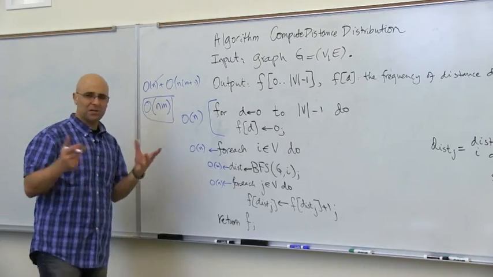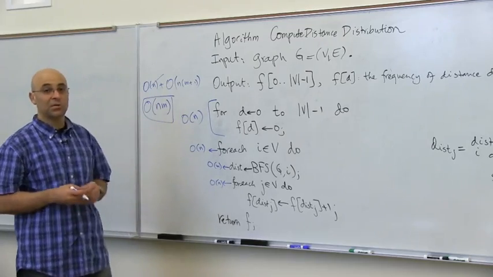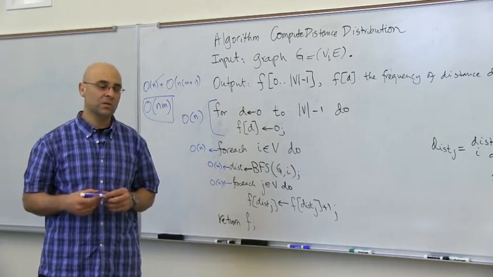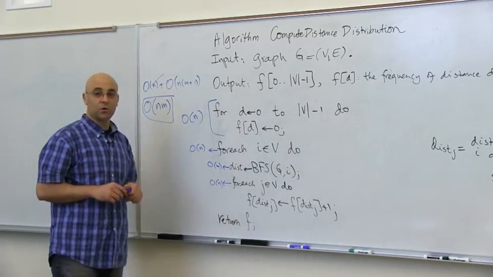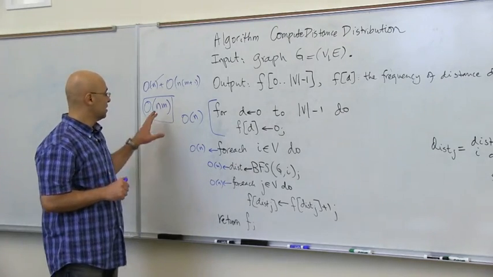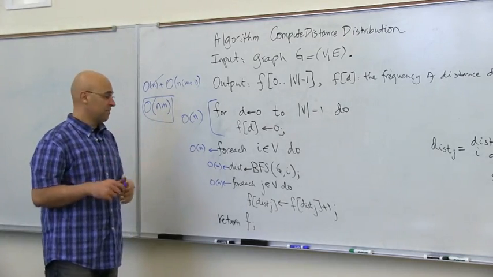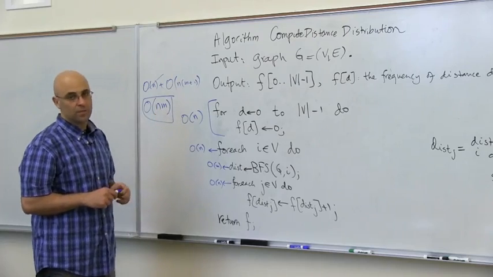So when the graph is very dense, m is on the order of n squared in the worst case, this is going to be cubic in the number of nodes. Okay? Which is still a very good algorithm for computing all pairwise distances in an undirected graph with no weights on its edges. And again, if the graph is not very dense, it's going to be actually much better than cubic. Okay?